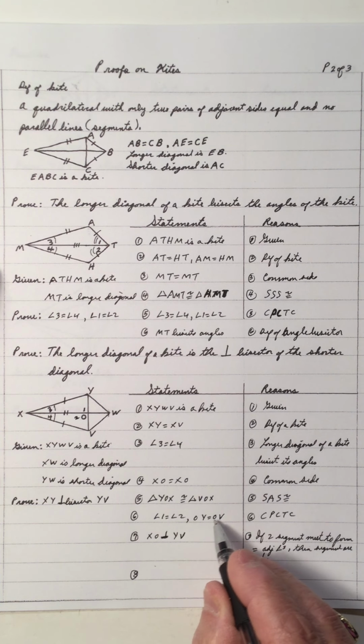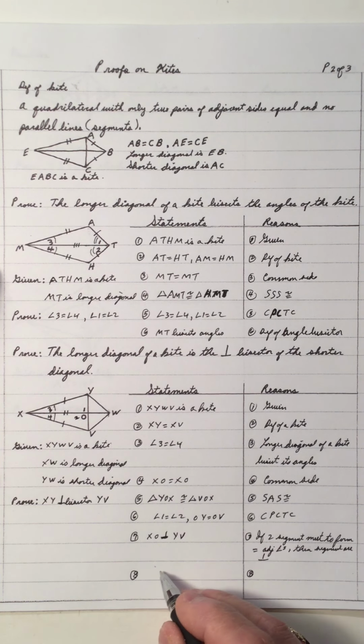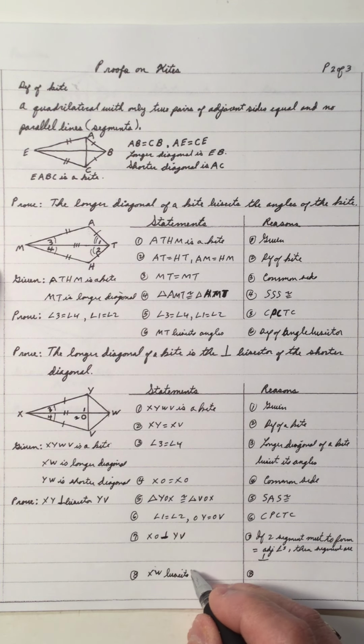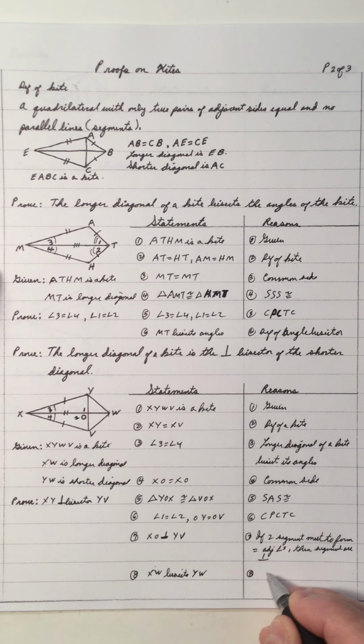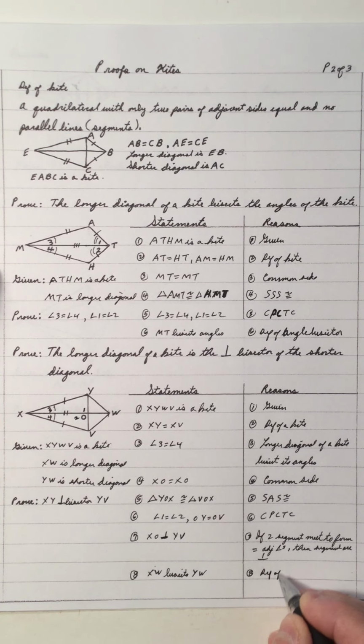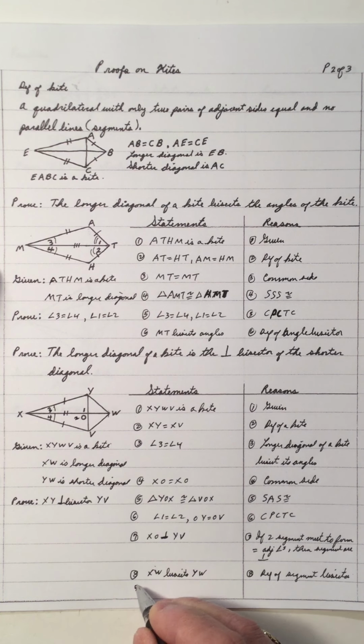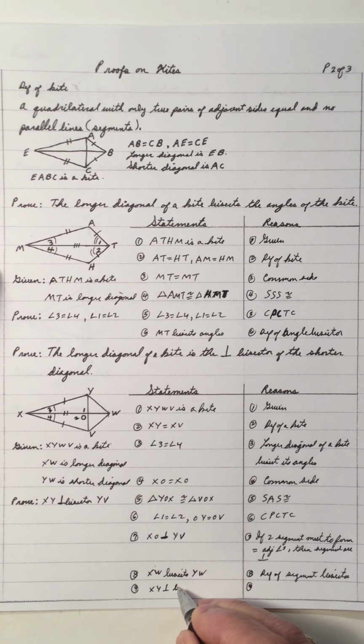And number 8, so we have they're equal, so that means that XW bisects YV, definition of a segment bisector, and the last statement that XY is the perpendicular bisector of the perpendicular.